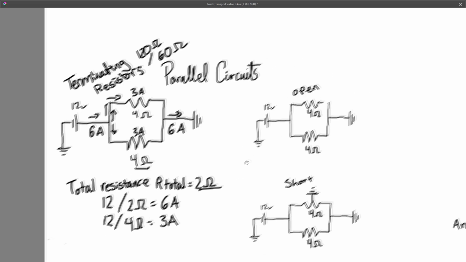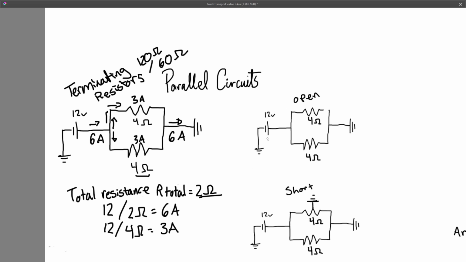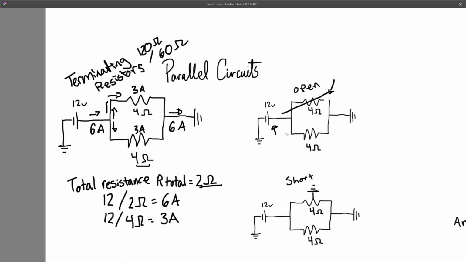Let's look at some faults with parallel circuits. We have 12 volts. That's our battery. We got two 4 ohm resistors, but we have an open here. How will that affect the circuit? And what would the total resistance be in that circuit? Well, essentially what we're doing is we're cutting off this circuit. Current's not flowing through that circuit. All the current is flowing through here.